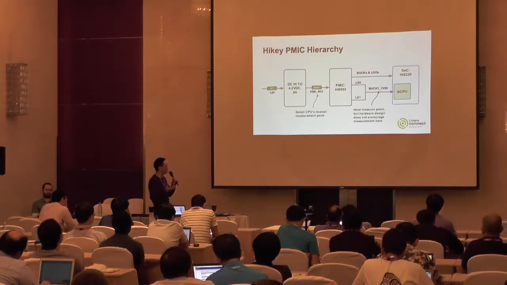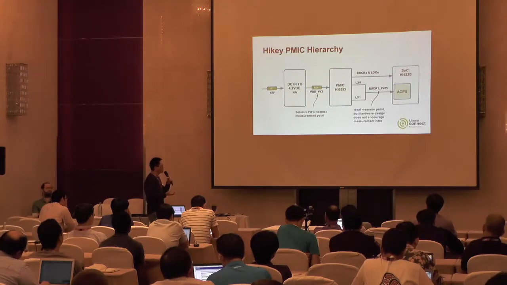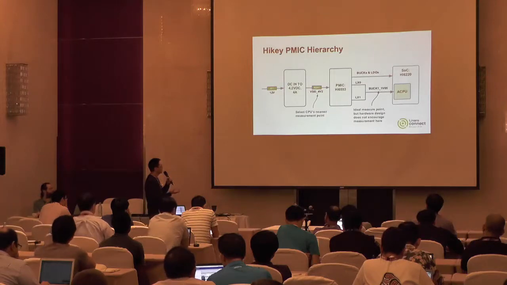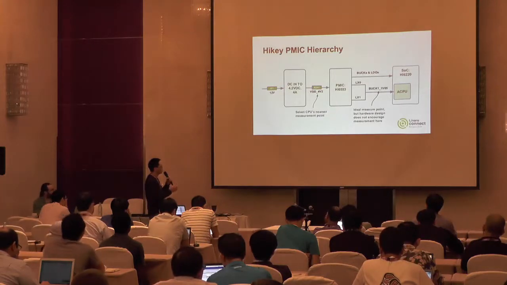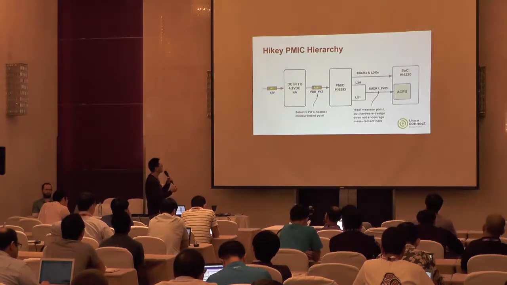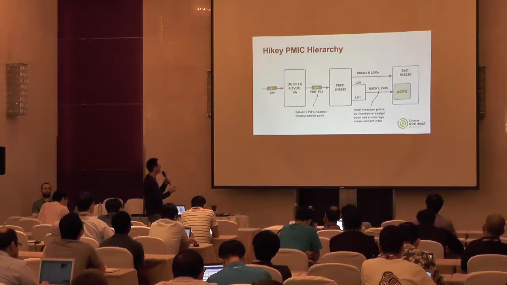This is a power domain. But the question is that on HiKey, the board design does not leave a measurement point for Buck1. Buck1 would be an ideal measurement point, but the hardware design doesn't encourage measurement here.